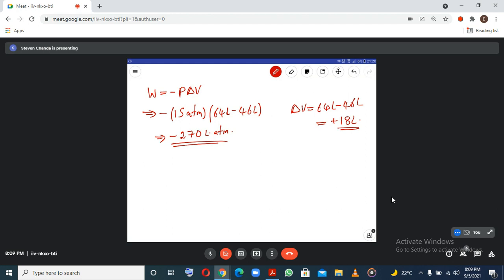The negative is what I was explaining: it comes from the understanding that if a system is to do work on the surroundings, the work has to be negative. For a gas to do work on the surroundings, the change in the volume has to be positive, right?